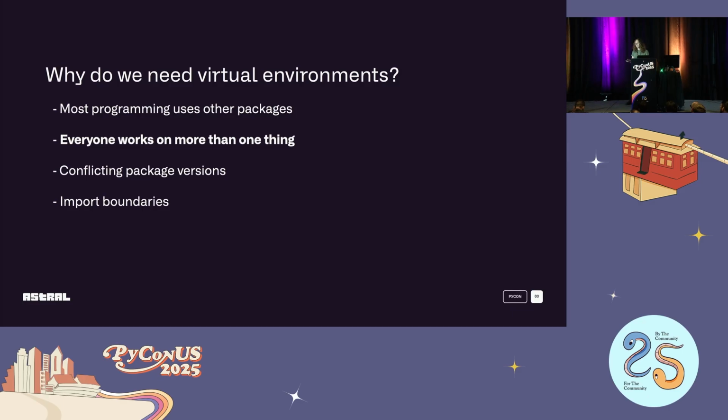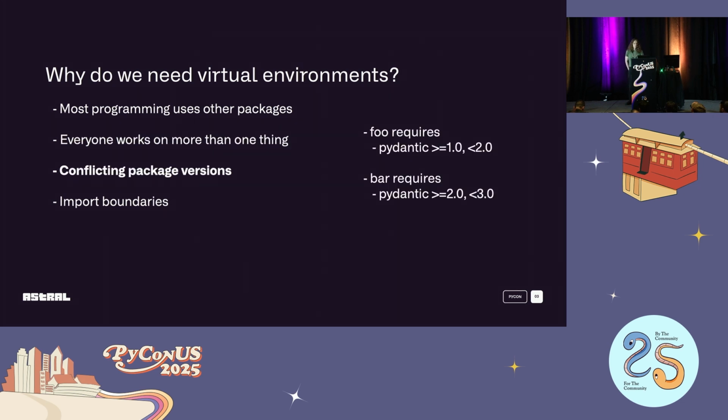And each of these things requires different packages, which brings us to our core problem, which is conflicting package versions. So if you're working on two projects, and we'll say one project requires foo, which requires Pydantic 1, and the other project requires bar, which requires Pydantic 2, you can't work on both of those projects in the same environment at the same time. Python does not let you install Pydantic 1 and Pydantic 2 into the same environment.